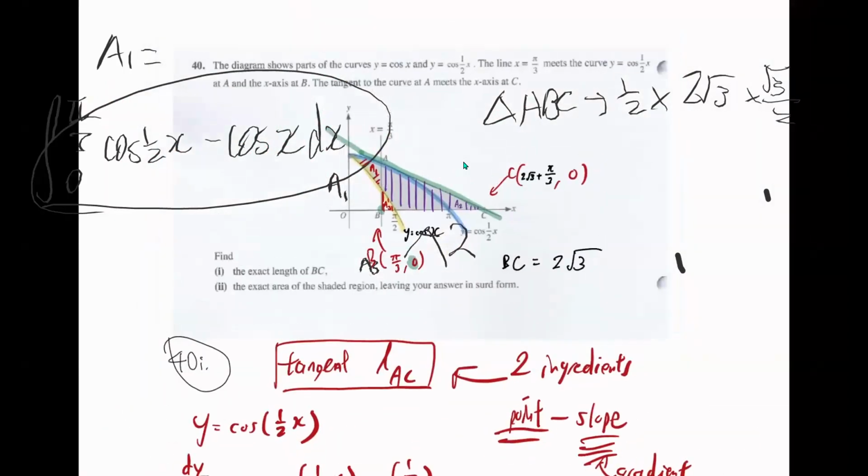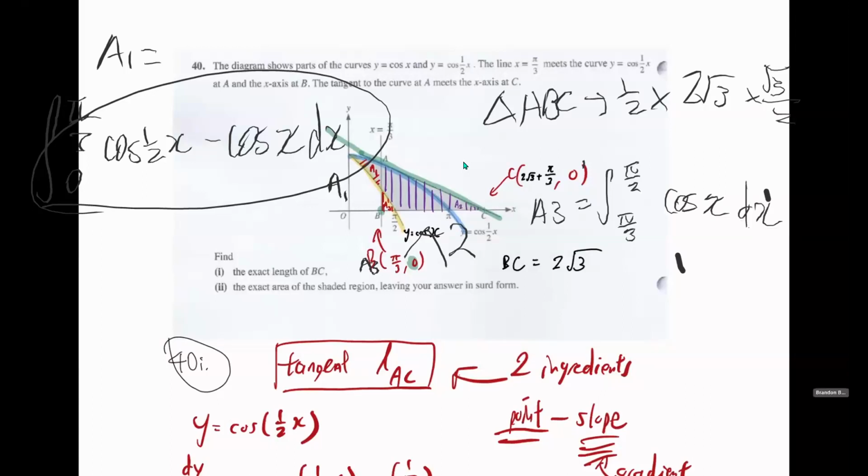And A3 is the integral from, and then cosine x dx.